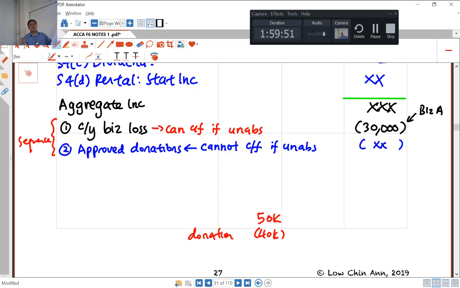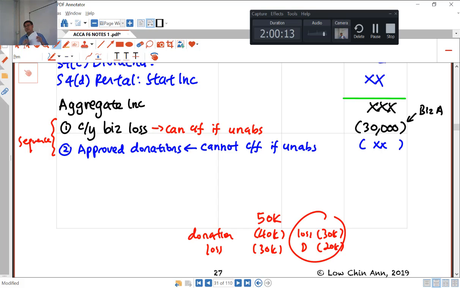After you minus 40,000, you're left with 10. Then you minus the loss, and say my loss is 30. Then you would carry forward 20. But now if you minus the loss first, 30, then for your donation you can only claim 20. Then what will happen to the balance 20? You cannot carry forward. So it's better for the government if we do it in this way.